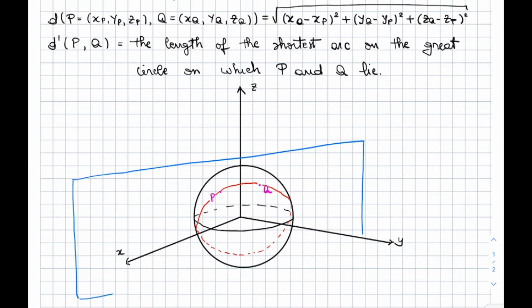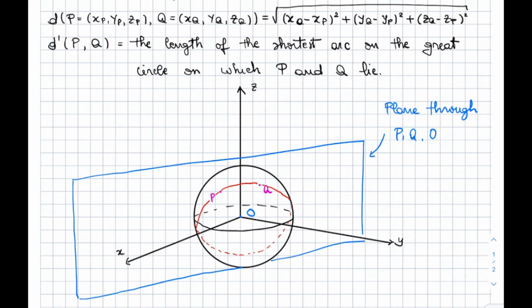And this was the reason why we convinced ourselves that even if we were in a three-dimensional situation, we could go back to the plane I've just drawn in blue, which is the plane through P, Q, and O, where O is the origin. And so we could go back to a two-dimensional situation.